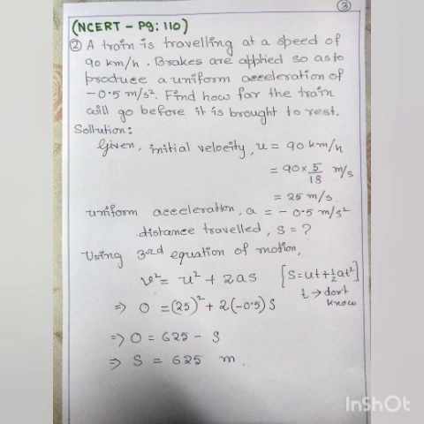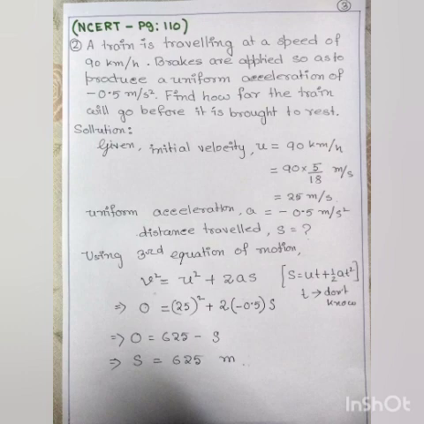Clear? So that's why for this calculation we are not using the second equation of motion. Always write the three equations of motion and compare each term which is given in your numerical, and from there you have to decide which equation to apply. Clear?